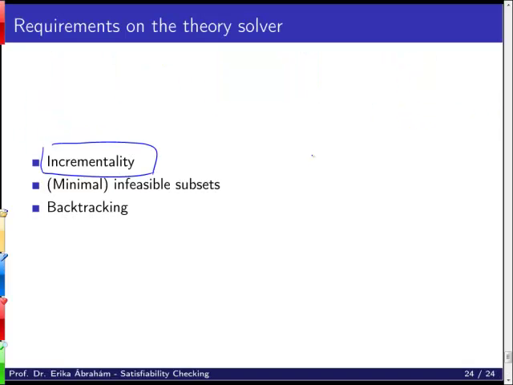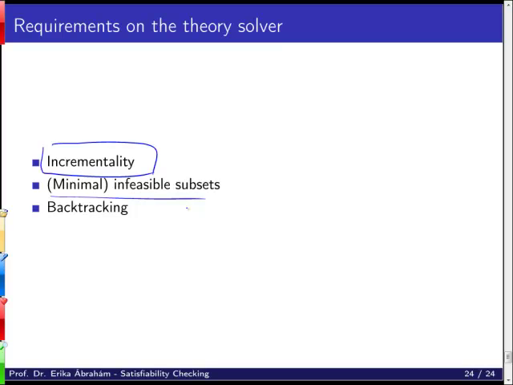The minimal infeasible sets we already have looked at. What we also did not do is backtracking. So if you found out that the theory has a conflict for the current constraint, then the SAT solver backtracked, and in the theory solver next time we started from scratch, from new.